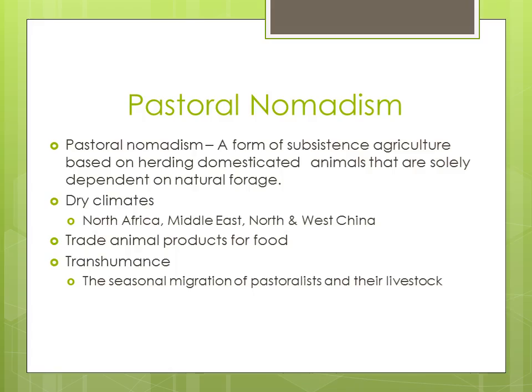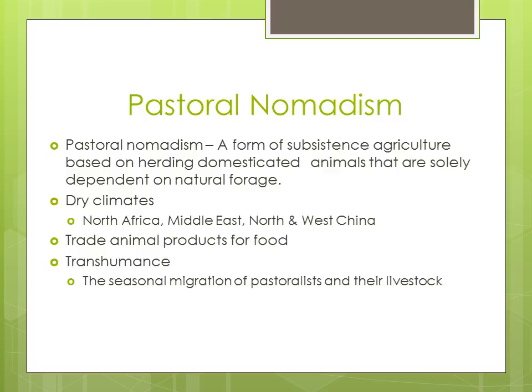The next type of extensive subsistence agriculture that we need to talk about is pastoral nomadism. I almost always call it nomadic pastoralism, so just be aware. Essentially what it is is nomadic herding. So you'll see terms used slightly interchangeably. Nomadic pastoralism is a form of subsistence agriculture based on herding domesticated animals that are solely dependent on natural forage.